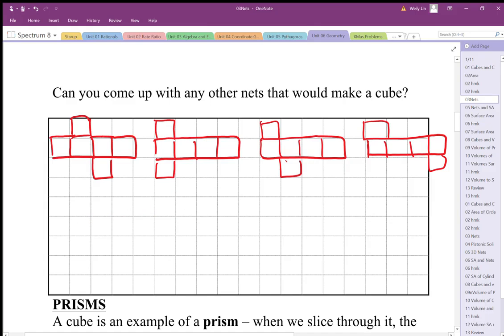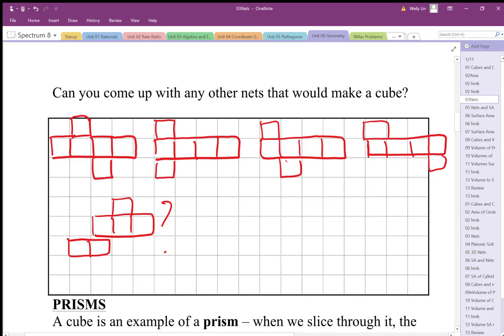There are going to be ones where we have rows of 3 that can be made into a net. I think if I do that, this is kind of a hard one to think of. I need something up there. Something like that would fold into that. I have to double check that one, so I'm going to put a question mark next to it.